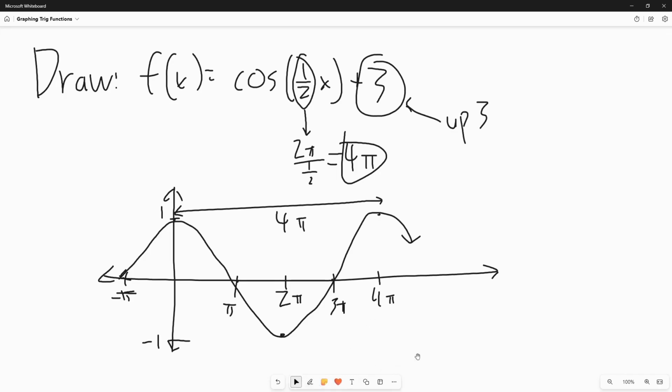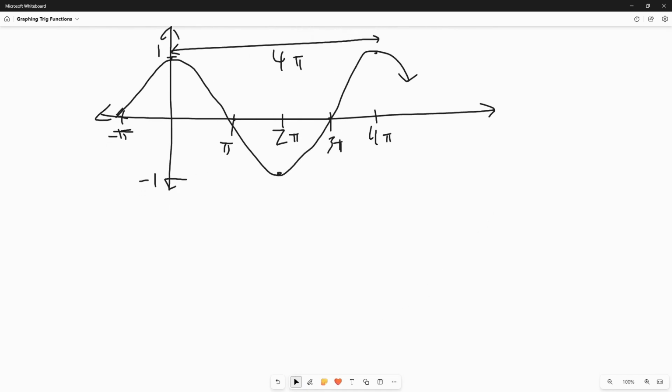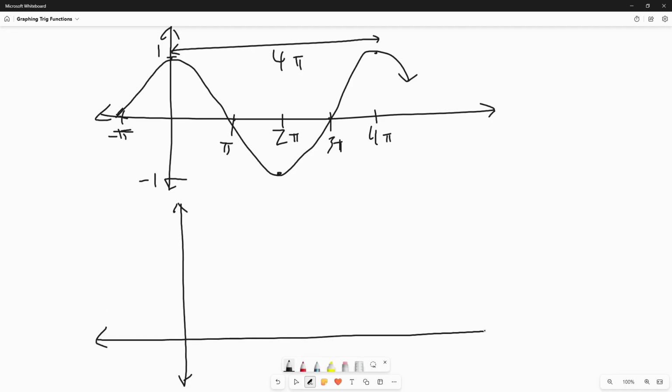So let me redraw that. I'm going to move down a bit. So let's redraw this graph by moving it up 3. This -1, where it lines up horizontally with the bottom of the graph, is going to be moved up to 2, because it moved up 3. This one is going to be moved up to 4.